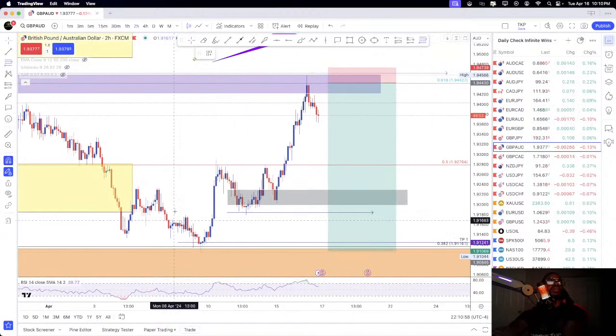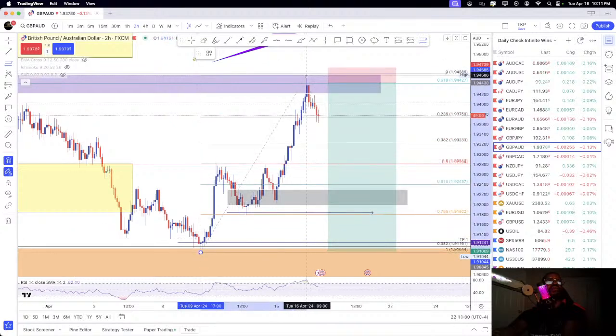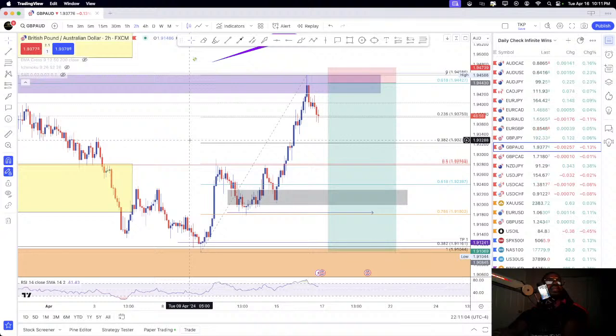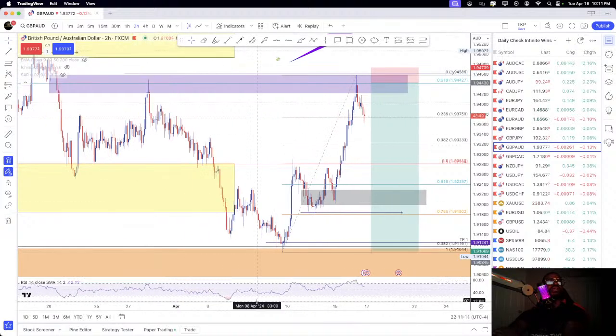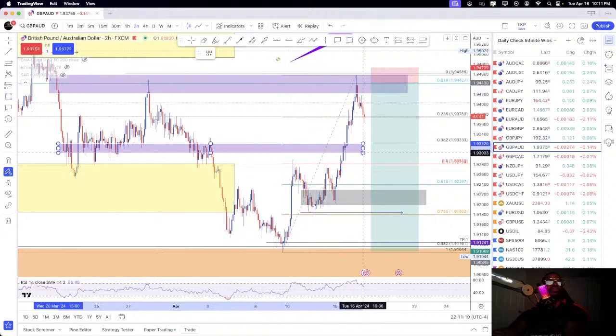Let's go ahead and take this fib from this swing low to this swing high and see if we got anything. So right here on the 382, this will be a retest of this structural level here. If you look at this area, this is what I was showing you guys earlier.